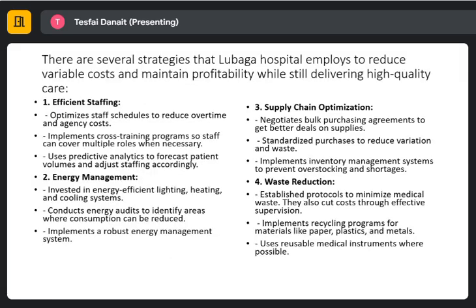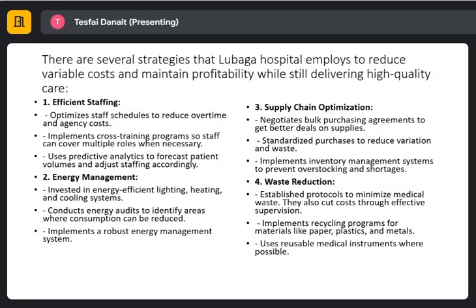Can we move on? Let's look at the strategies that Lubaga Hospital has employed to reduce these variable costs, not variable costs alone but generally the costs, and to maintain profitability while still delivering high quality, just like its values state.